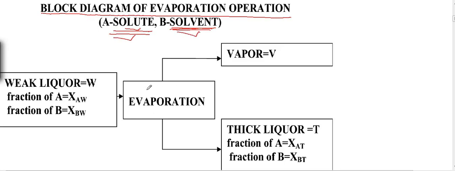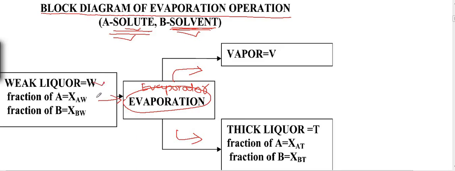The equipment in which this evaporation takes place is called the evaporator. The input to this evaporator is weak liquor, and you get two outputs. From the top, vapor is removed, and from the bottom, thick liquor is removed. The input weak liquor is given by W.